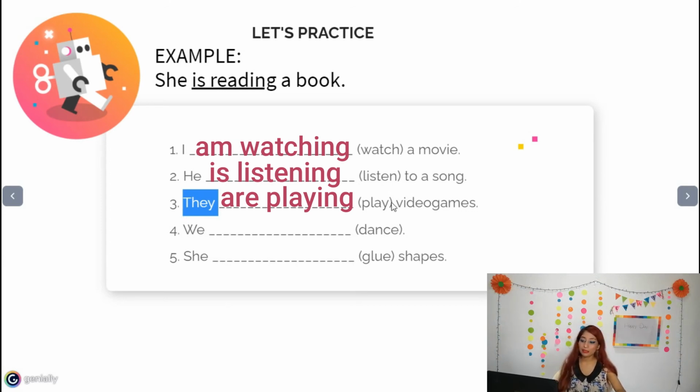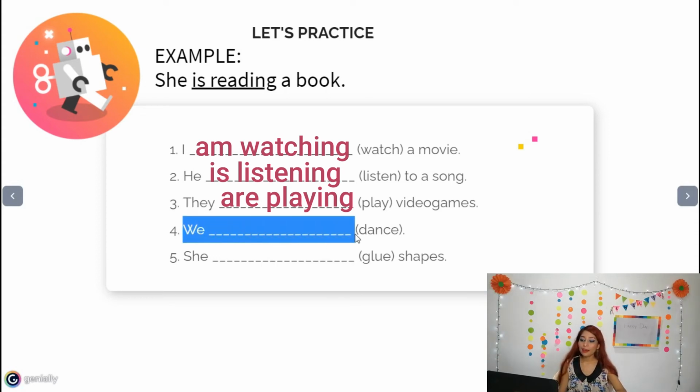And the verb is easy, you just need to add ing. They are playing video games. Very good, well done.